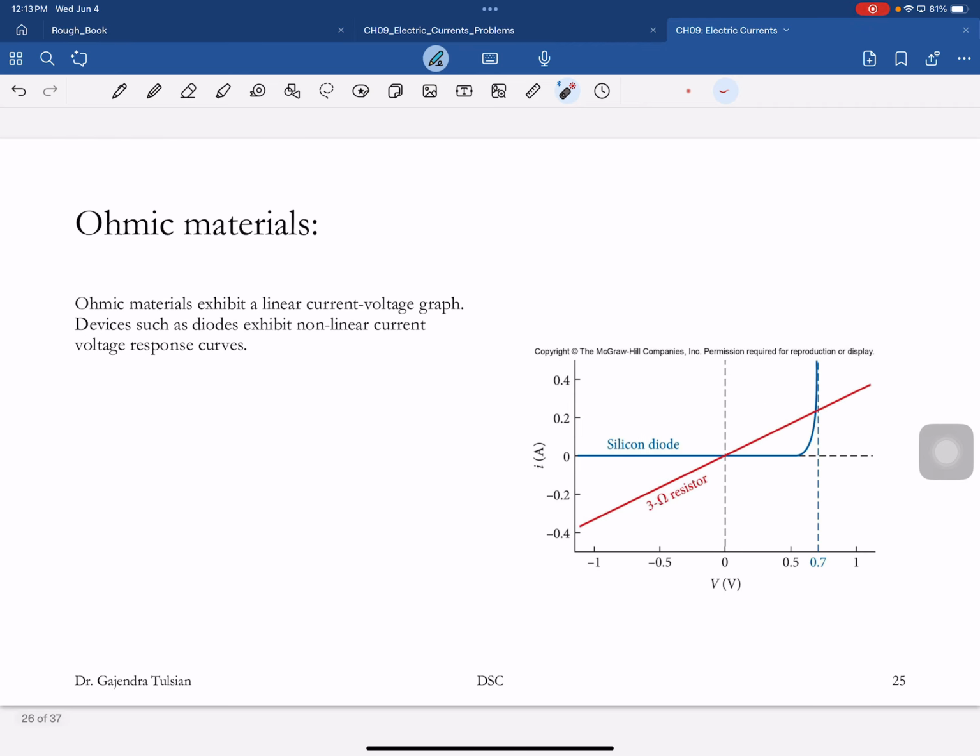Okay, so here is the voltage response of a diode. You see, negative volts, it doesn't let any current. This is current and this is voltage. So what we're talking about is the following.